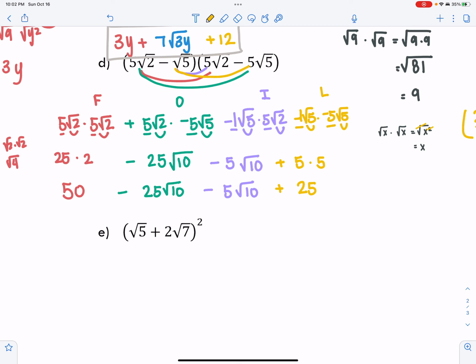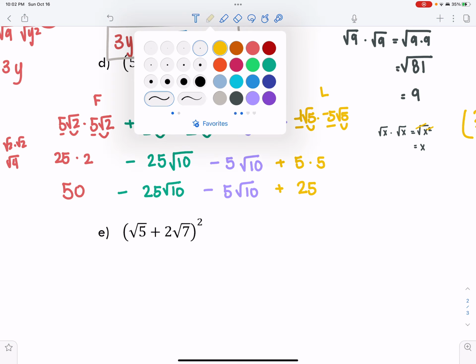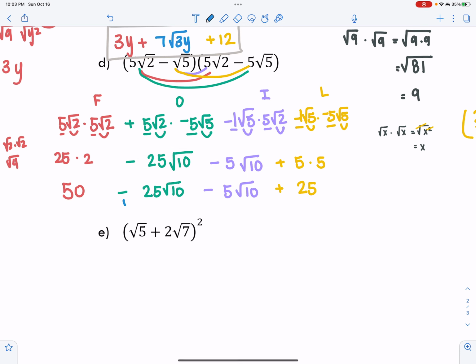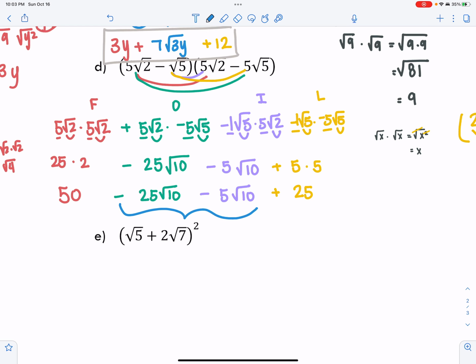Now I go through and I look for like terms now that I'm adding or subtracting. And I see some like terms here in the middle. Negative 25 square root 10 plus negative 5 square root 10. Well, negative 25 plus negative 5 is going to give me negative 30.